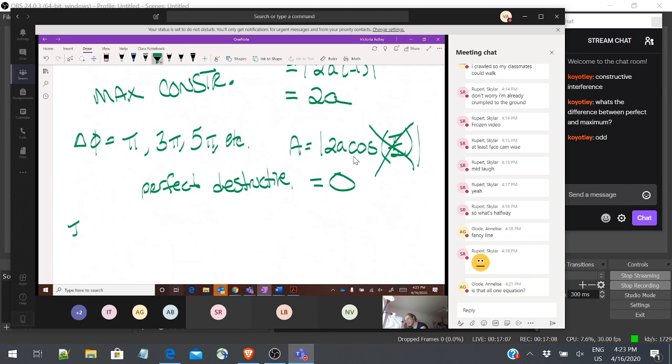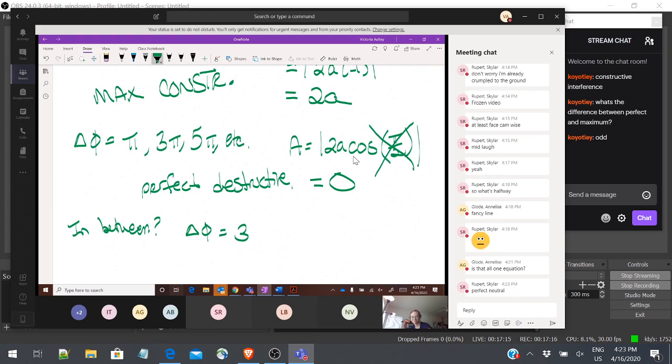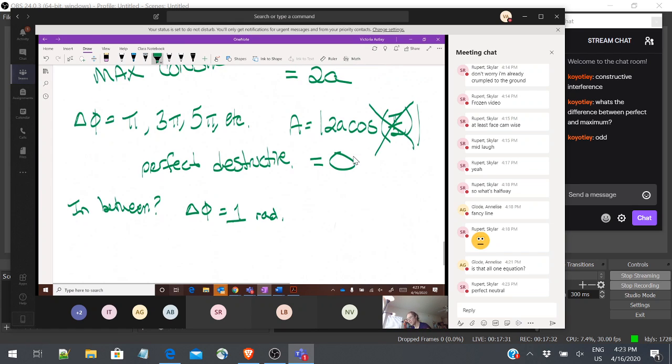What if it's something in between? Let's say it's 3. It's not pi. It's just 3. That's too close to pi. Let's just say it's equal to like a 1. 1 radian. Okay. Well, we do A equals 2a cosine of 1 radian, 1/2 radian.